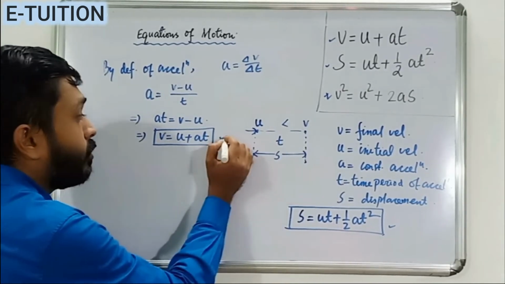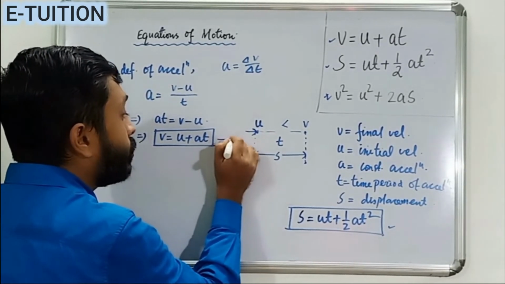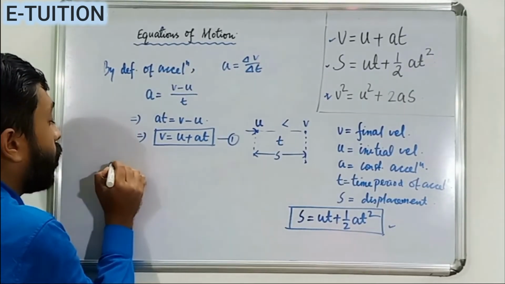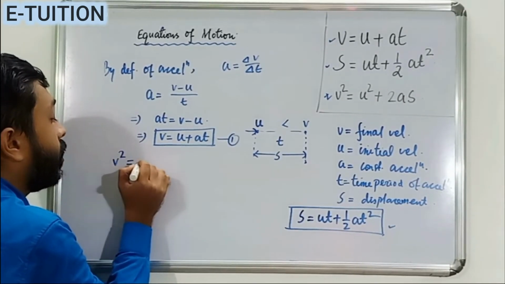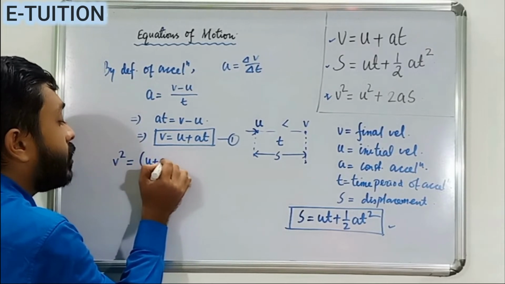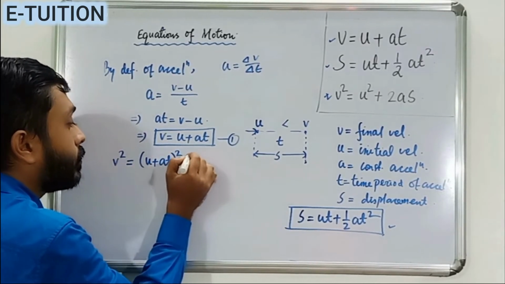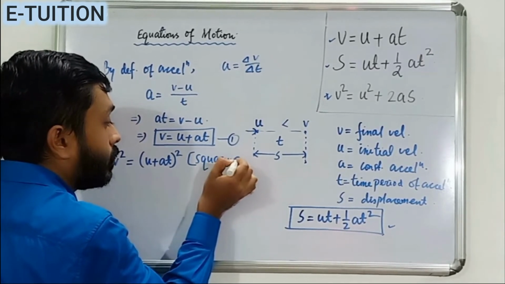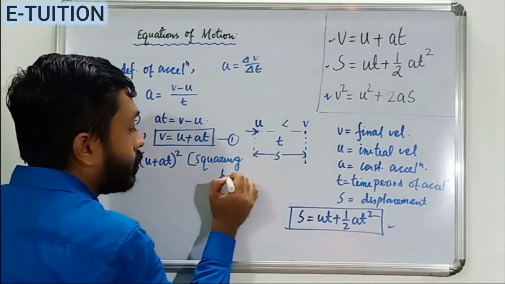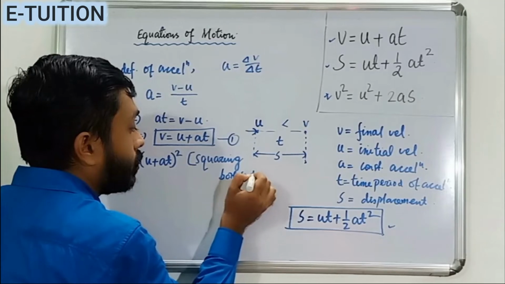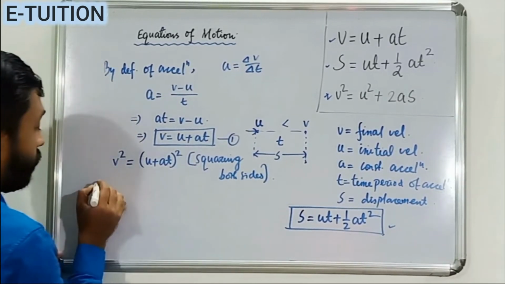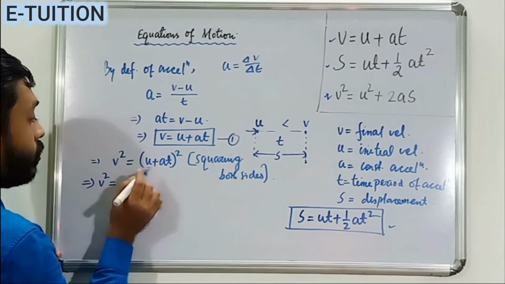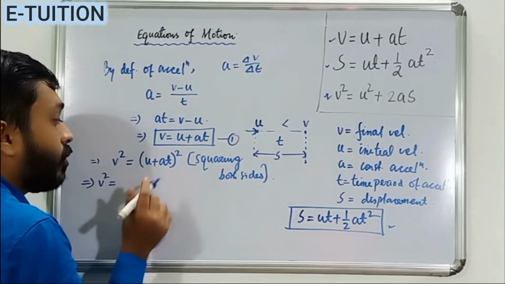So right from the first equation of motion which we proved in the beginning, we need to square both sides. Squaring both sides we get v square equal to u plus at whole square. Squaring both sides, v square equal to, now apply the expansion for a plus b whole square.